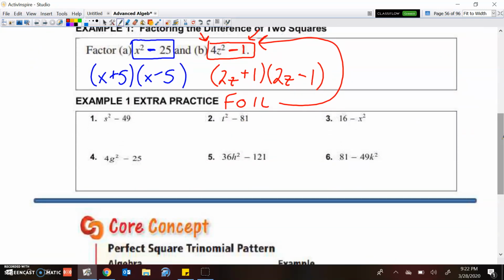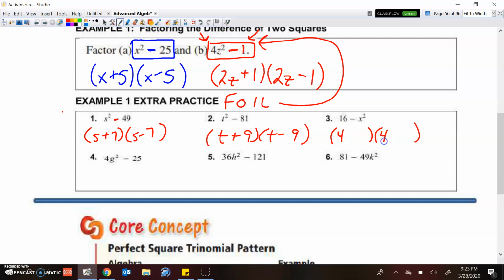Let's just try a couple of these. They're all going to be difference of two squares, meaning I'm subtracting the difference of two different square roots. So this one's going to be s plus 7, s minus 7. The next one, t plus 9, t minus 9. Here, now we're going to take it the exact order it's in. The square root of 16 is 4, so that's going to go first.